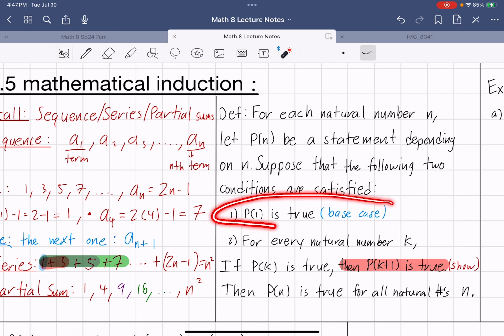The first thing you do is check the very first term, right? Because if this formula doesn't even give you the first term, then there's no point in trying to prove it. You have already shown that it doesn't work. That's usually a way to disprove something, to find at least one situation where it doesn't work. Some of us sometimes find little techniques, little ways of solving problems our own way.